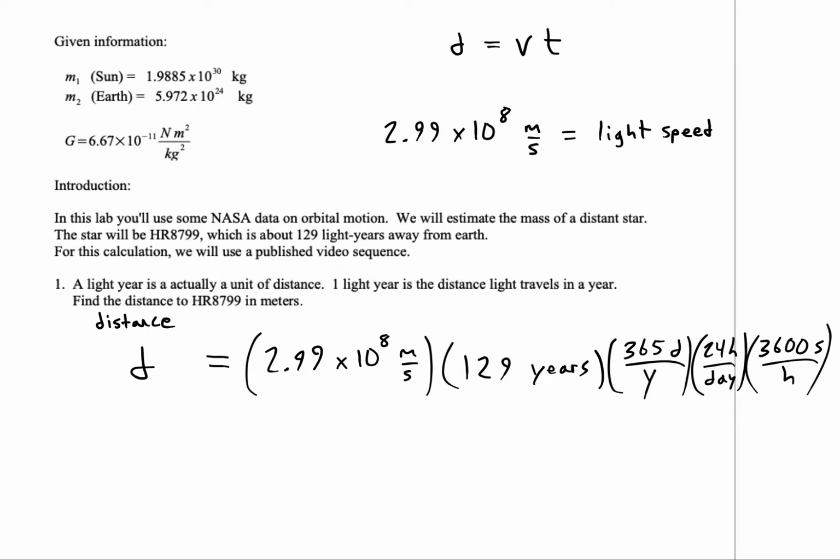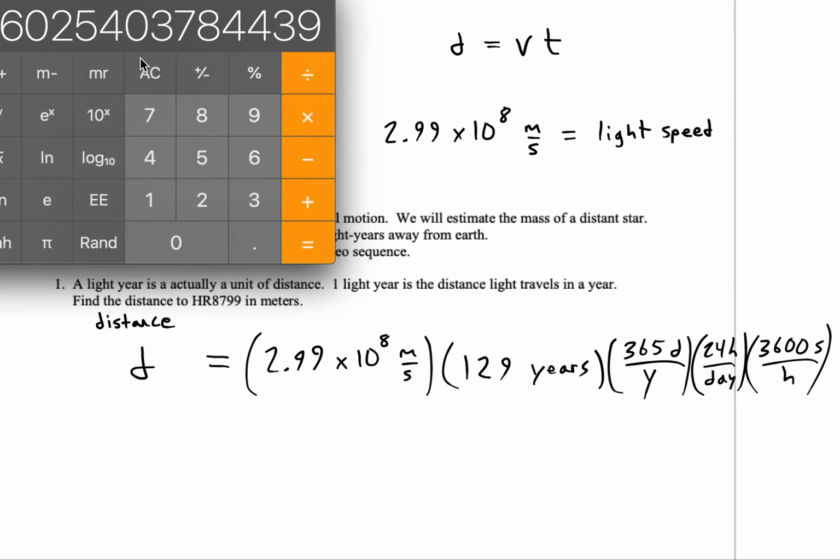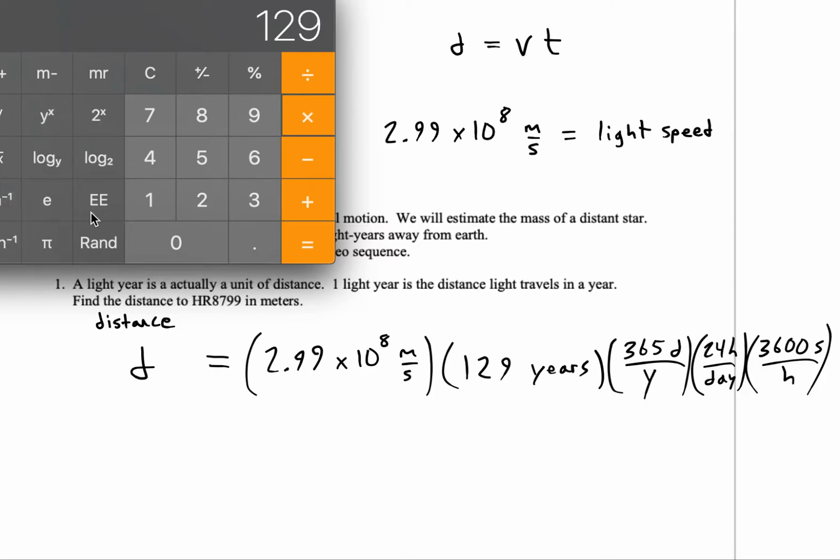Okay, if we multiply all of that, let's see what we get. 2.99 times 10 to the 8th times 129 times 365 times 24 times 3,600.